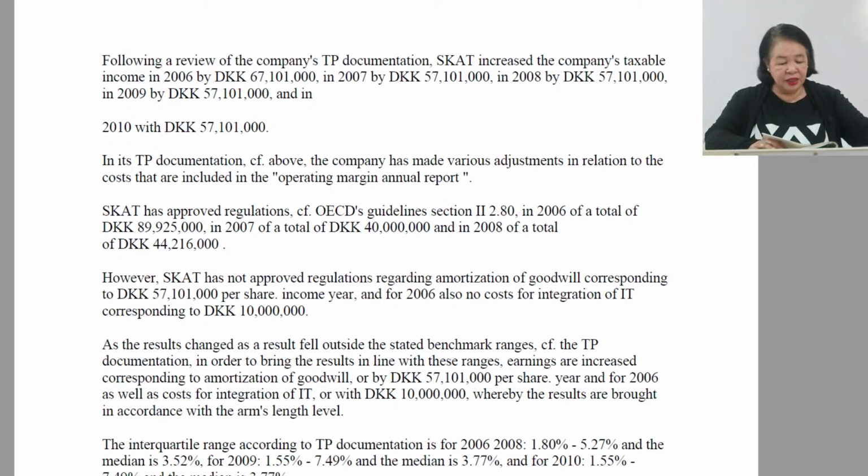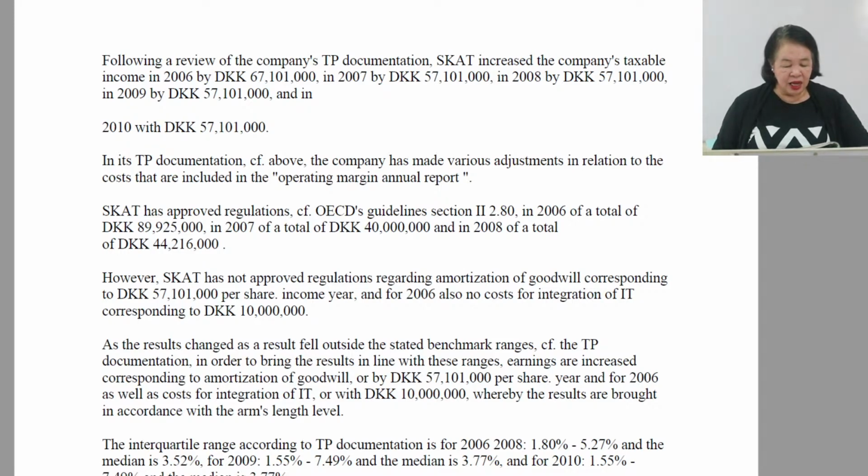Okay, so 2010 with Danish krone 57,101,000. So, yun ang disallowance or yung adjustment. So, in its transfer pricing documentation above, the company has made various adjustments in relation to the cost that are included in the operating margin annual report.